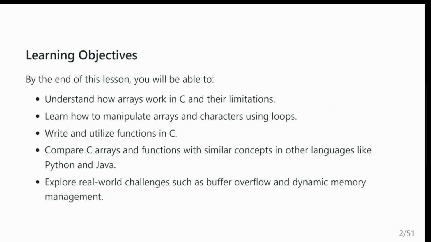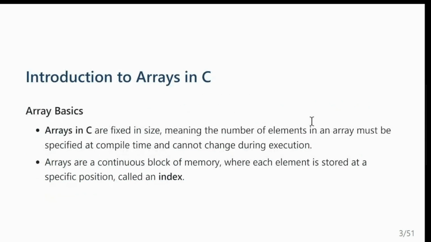You have already seen that in your assignment. I have provided you some examples, but today we'll talk in more detail on that part. After that, we'll talk about functions as well as variables inside the function.